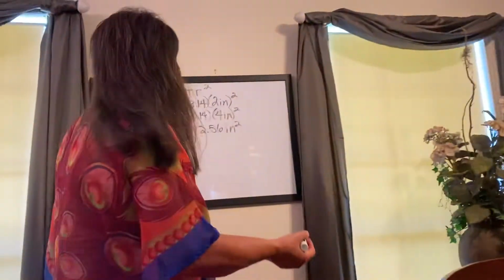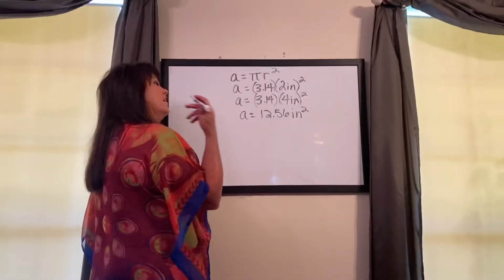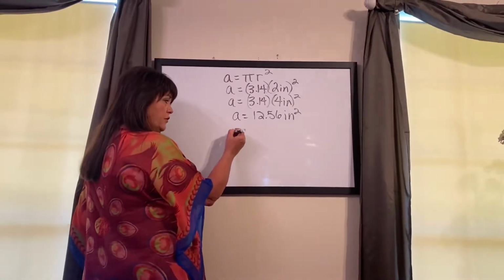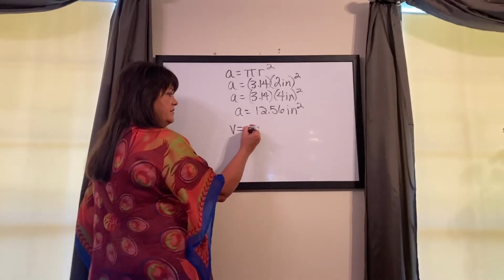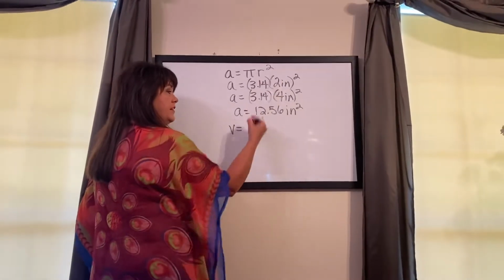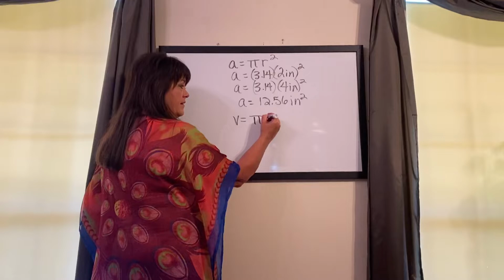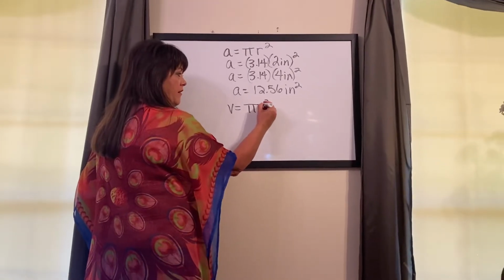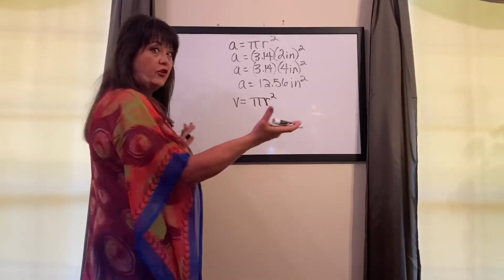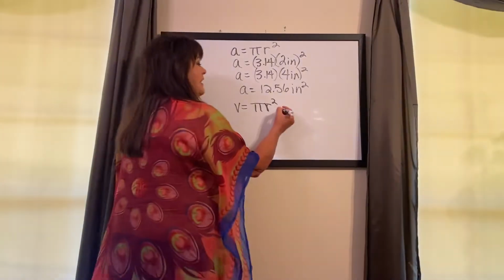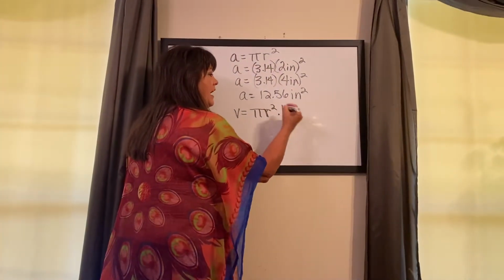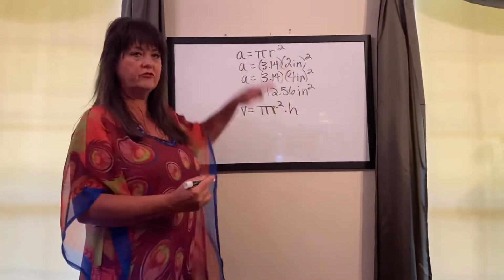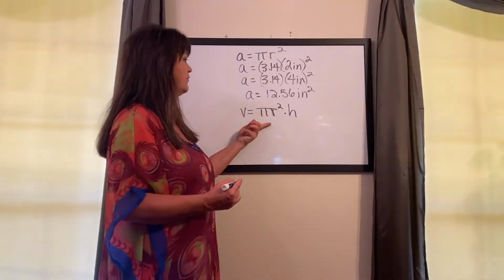So here is the volume formula for a cylinder. The volume is pi times the radius squared, because I have to have the area of the circular bottom, and now I'm going to multiply that by the height. So it's just like what you learned in 7th grade when you found the area of a circle.